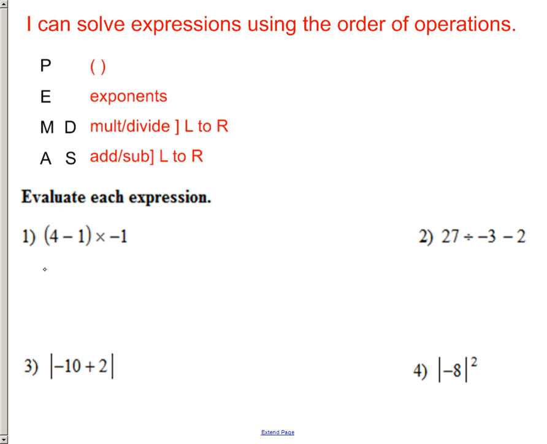What you'll see is as I do these, I will highlight the part of the problem that I'm looking at, and I will tap the order of operations that I'm working on. And so now we're left with -3.